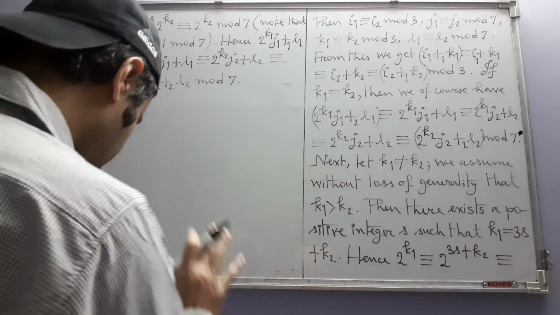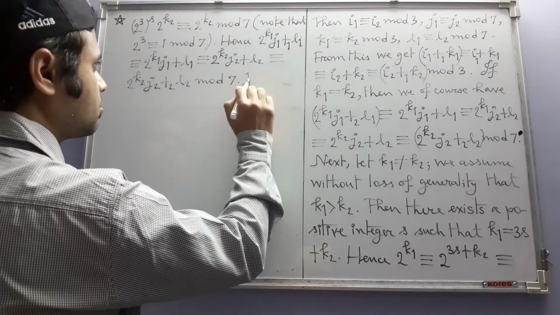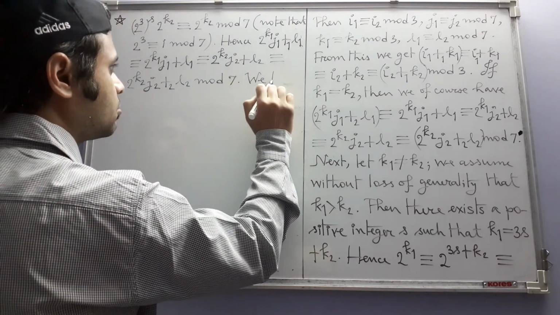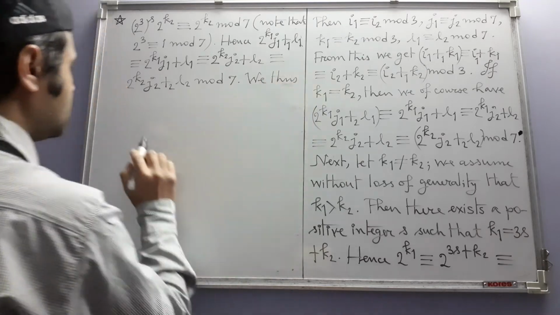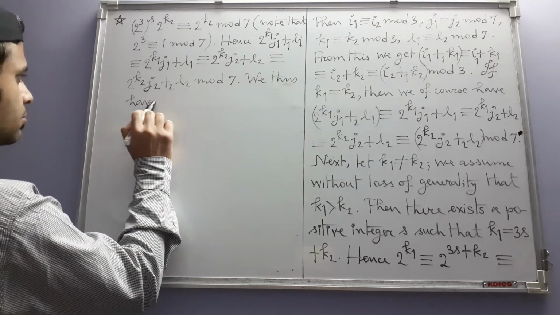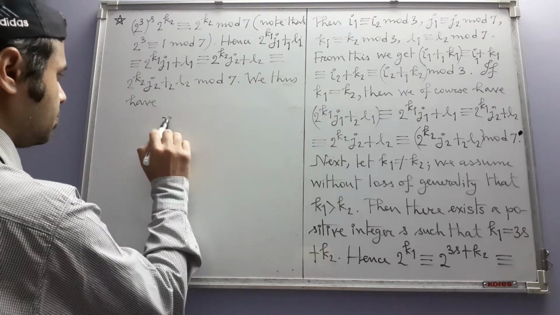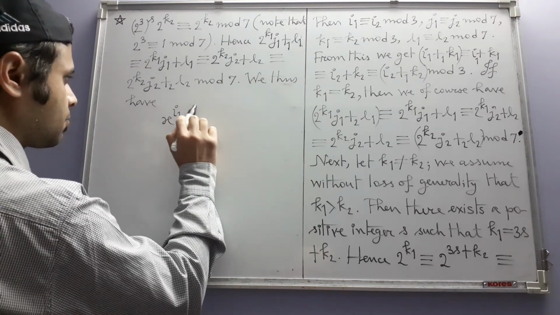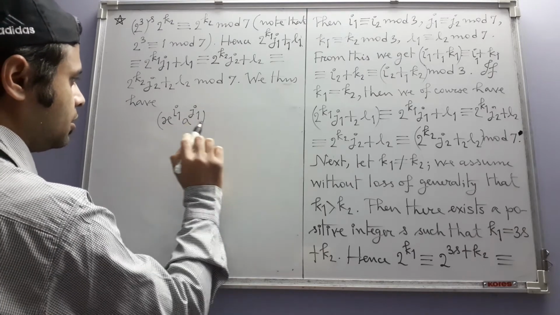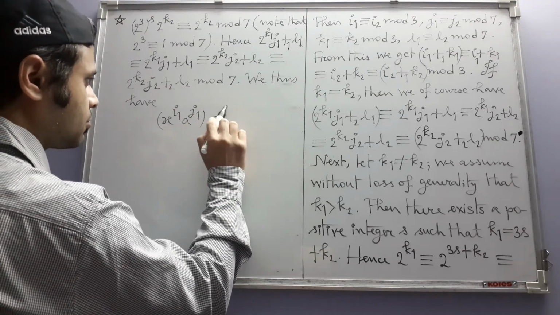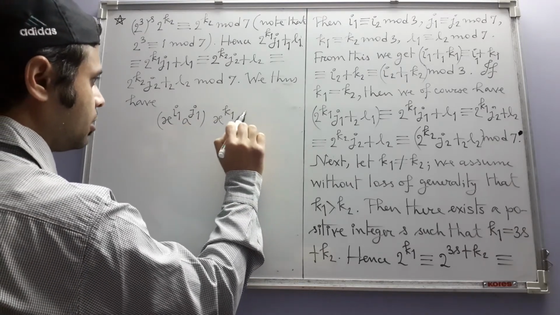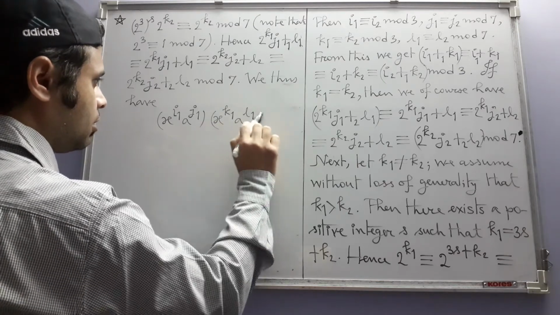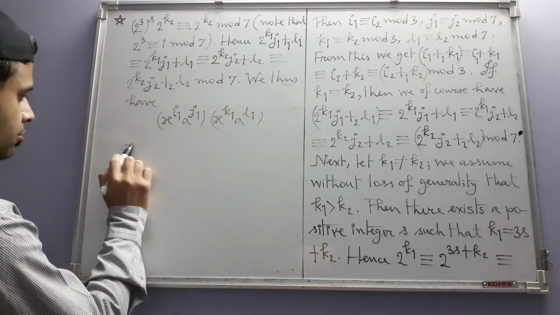To conclude, we thus have a to the power j1 k1 a to the power l1.